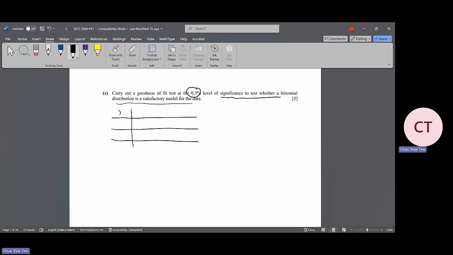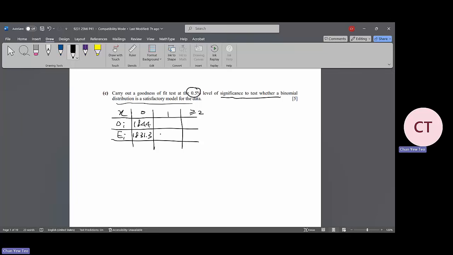This is the X. We have 0, 1, and greater than or equal to 2. This is the observed frequency. This is the expected frequency. From the table just now, this one is 1844. This one is 1831.3.